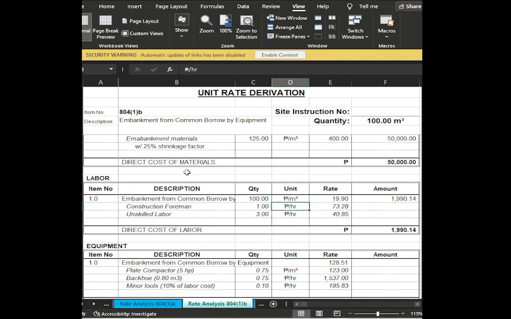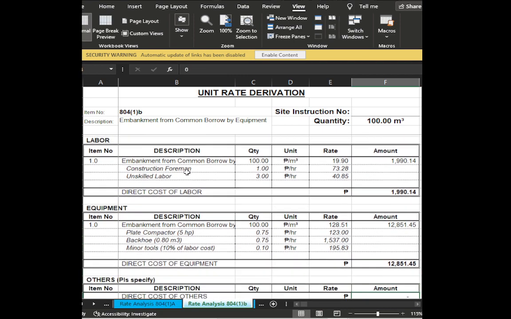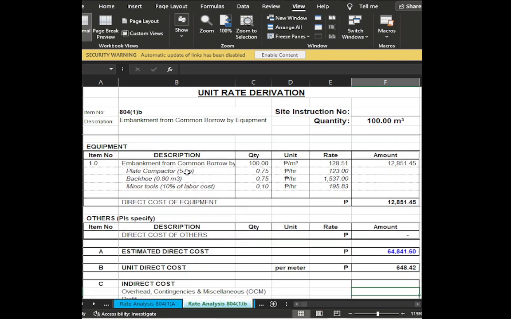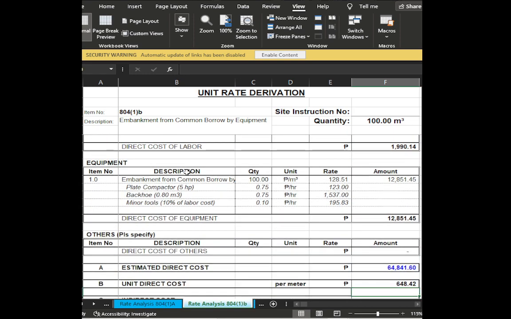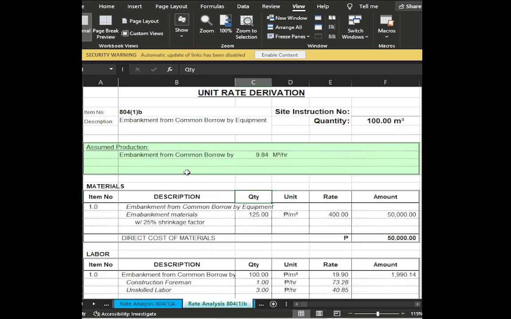Our quantity here is 100, so it is 128.51 per cubic meter for the equipment. We multiply this by 100, so 12,851, the same as the previous one, because it is the same hours of equipment use for this 100 cubic meters of quantity.